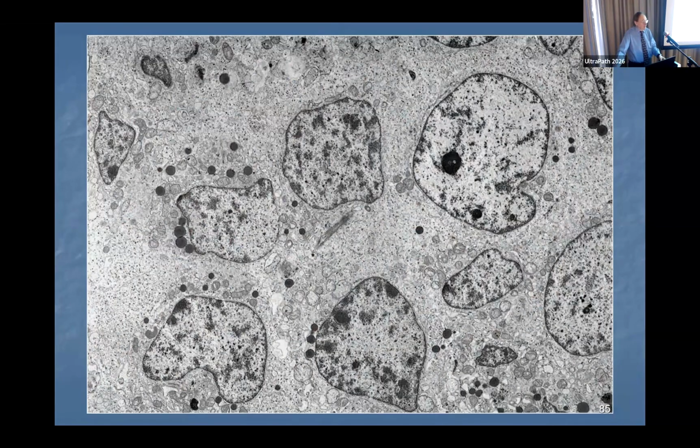So while they were still figuring out what was going on, I went ahead and did electron microscopy on this. Ewing sarcoma basically looks like a very rudimentary type of cell, usually with very little heterochromatin. Sometimes it has a little nucleolus here and there, but very basic, bland-looking cells.